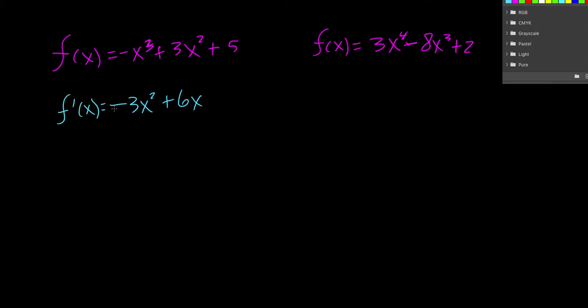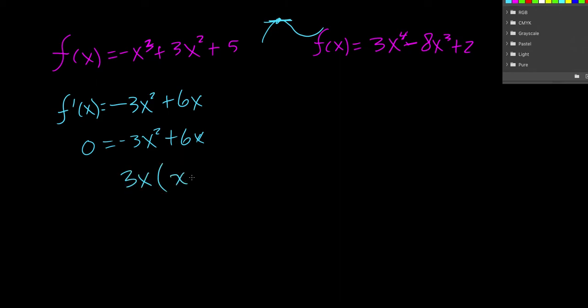Now we want to know where the derivative equals 0, because when we have a curve like this, we change going uphill and downhill at those points. So we set this equal to 0, and we use whatever methods we have at our disposal. So I'm going to factor this. I'm going to take out a 3x.